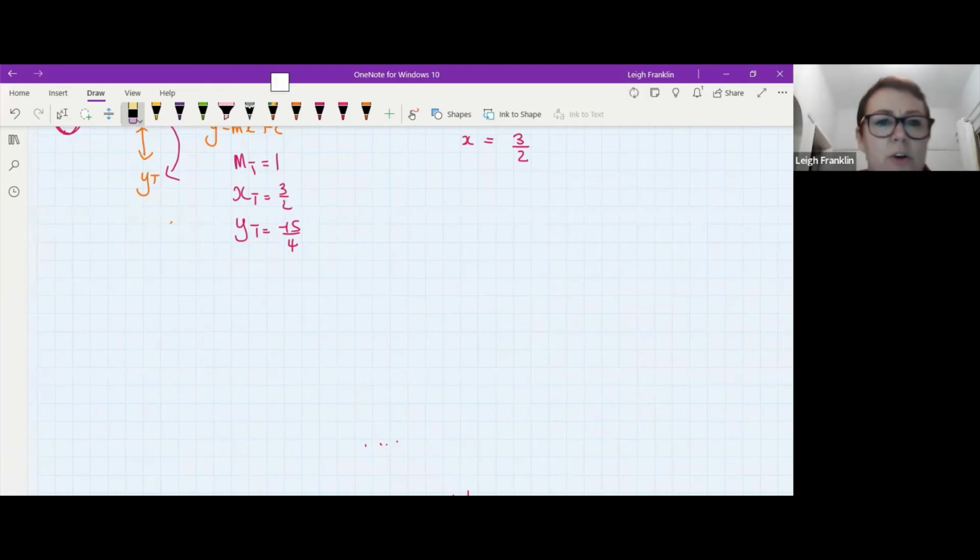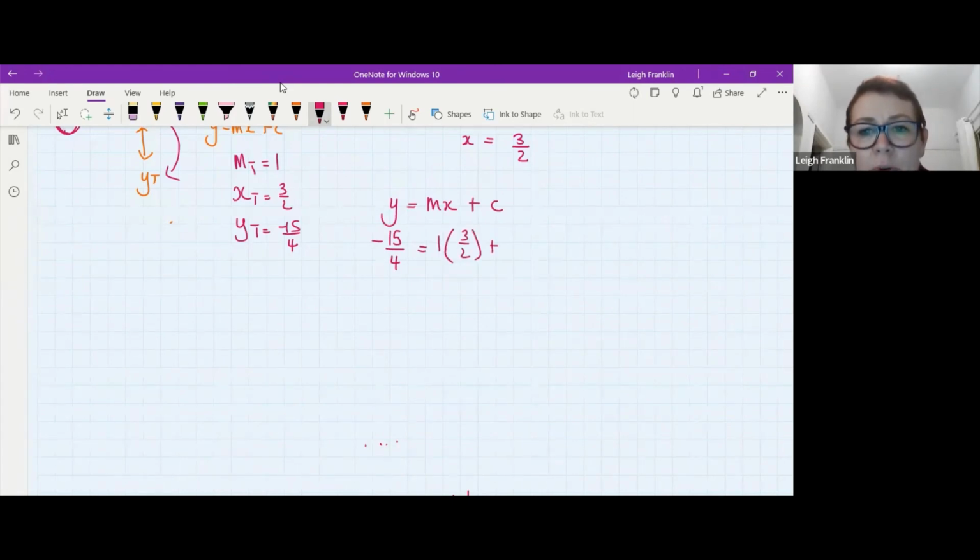Now subbing into y equals mx plus c, we are going to say negative 15 over 4 equals 1 times 3 over 2 plus c. Taking that 3 over 2 over to the other side, I get a c value of negative 21 over 4.